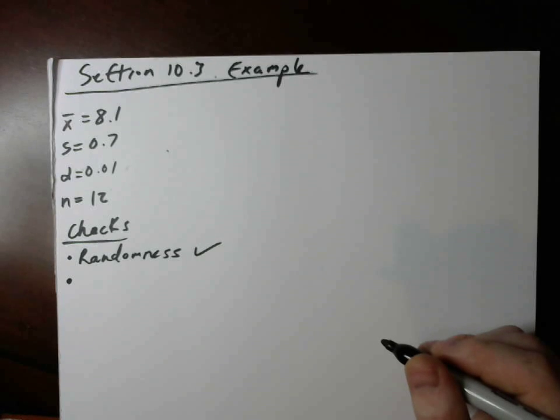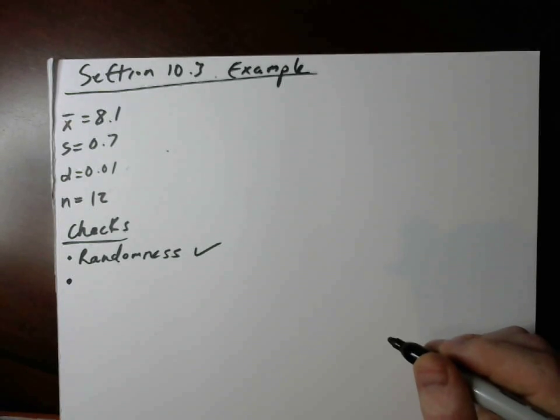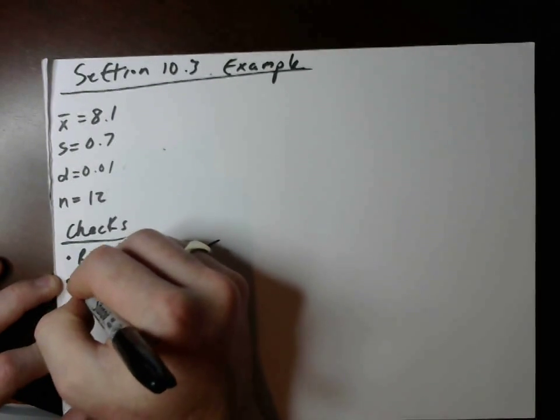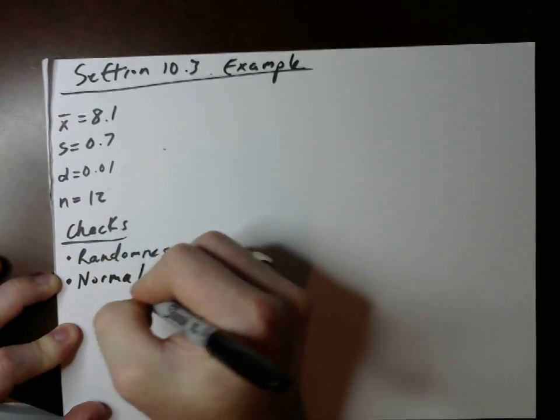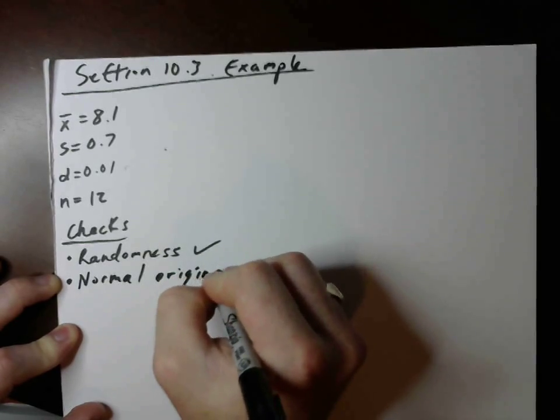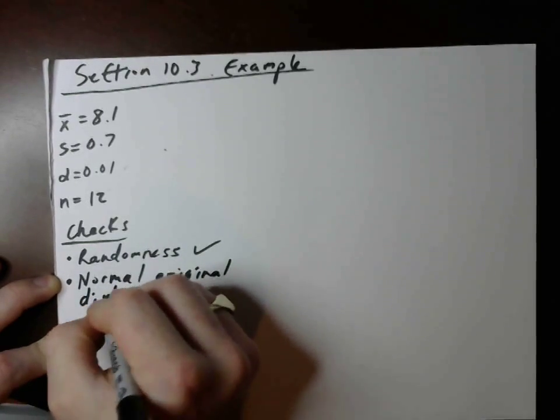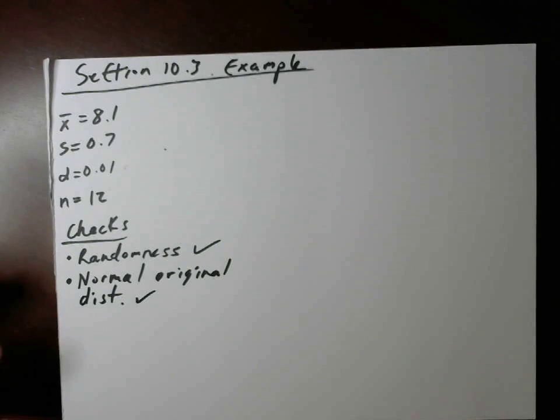So as you can see here in the problem, it says, an analysis of a sample data revealed that the hippocampal volume is approximately normal. It tells us it's normal. So, normal original distribution. It says it in the problem.